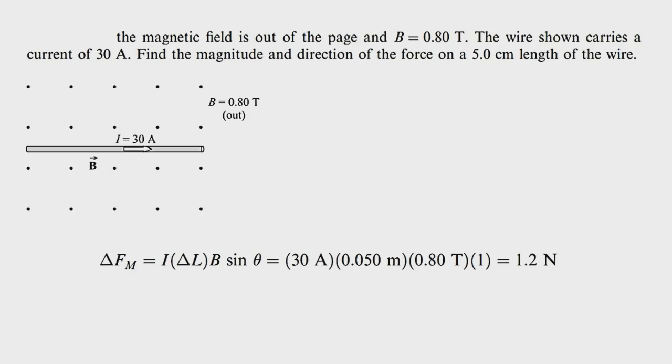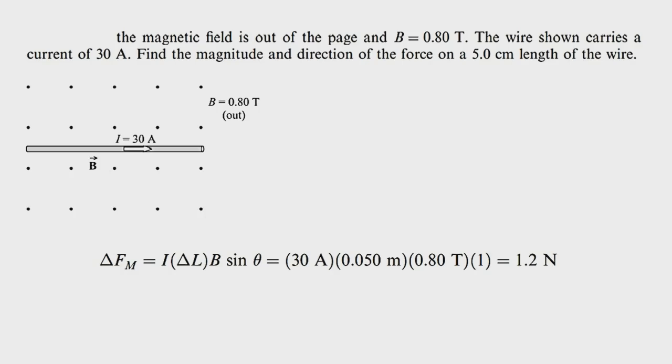This problem is dealing with a 5 centimeter length of wire. Therefore, the formula to be used is delta F sub m is equal to I times delta L for a short piece of wire multiplied by B times sine theta.